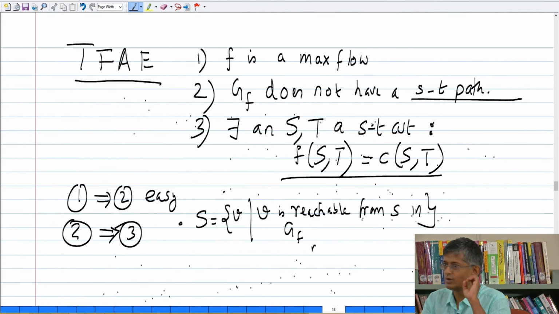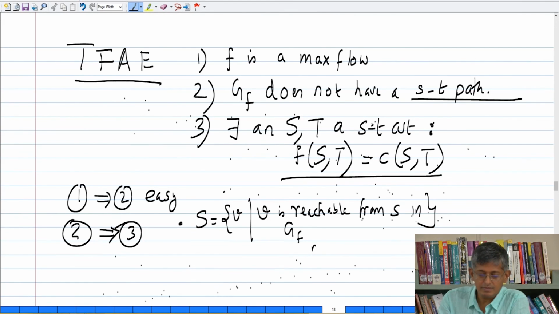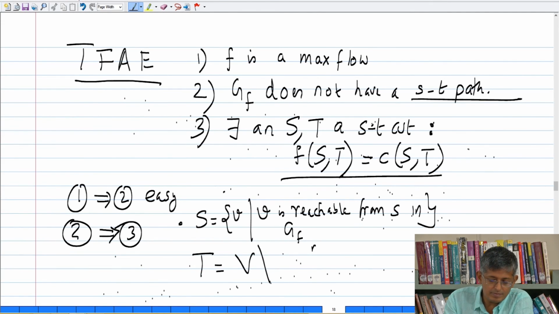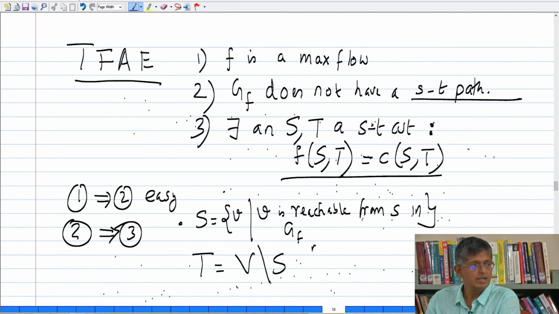So you take this residual network, take all the vertices which are reachable from S in GF, and T is equal to V minus S. Fine.